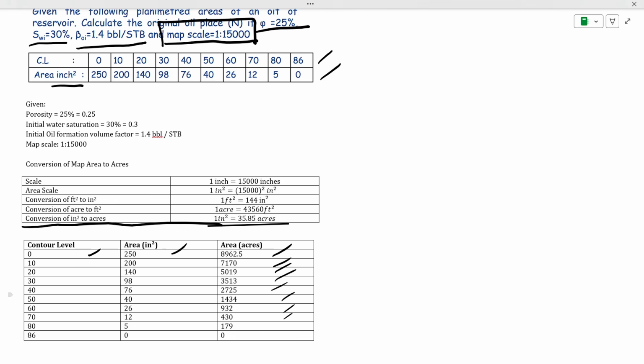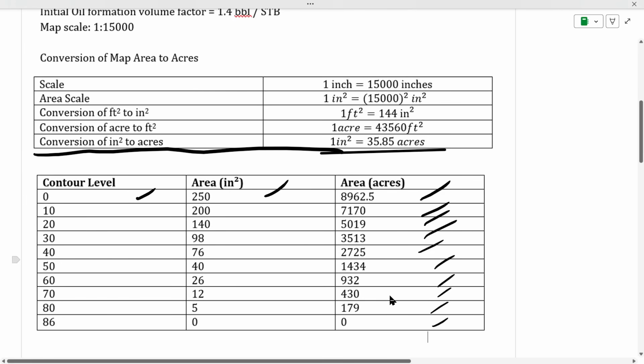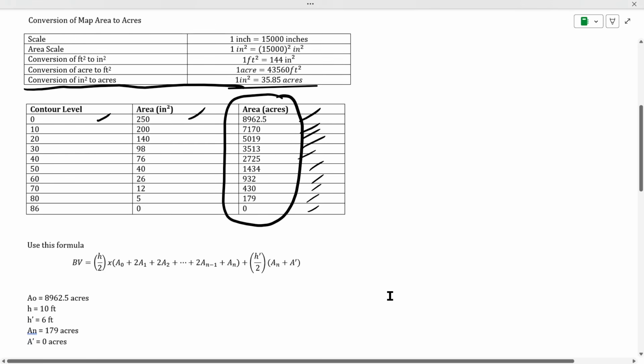We will use these areas in acres to calculate the bulk volume, and that is the third step. We will calculate the bulk volume using the trapezoidal method, using this formula.